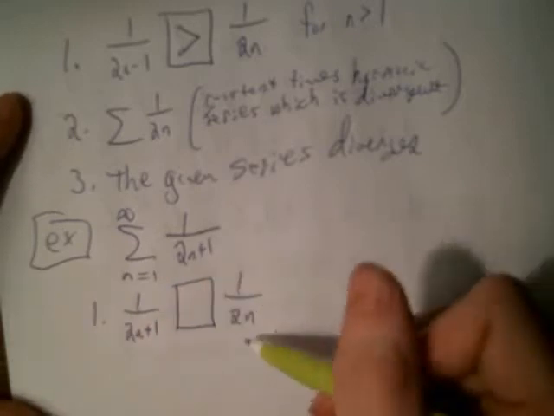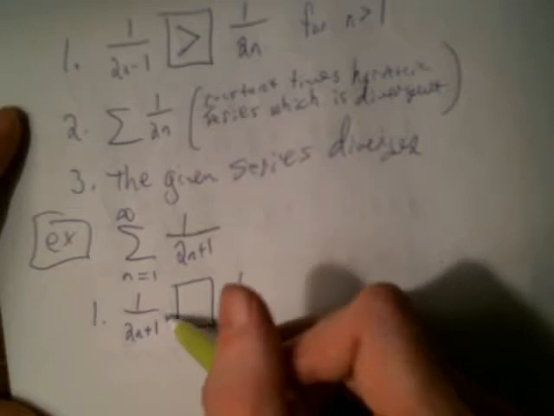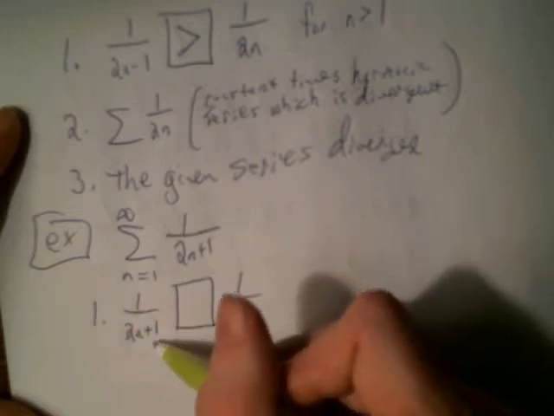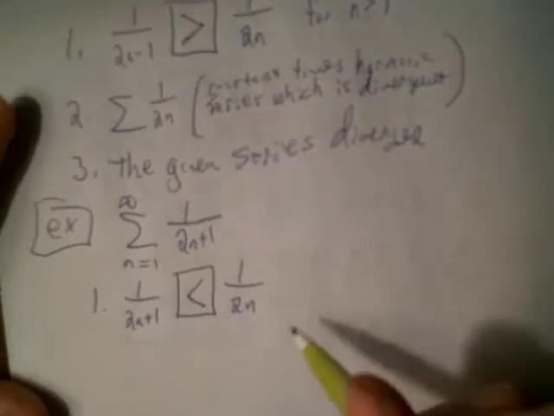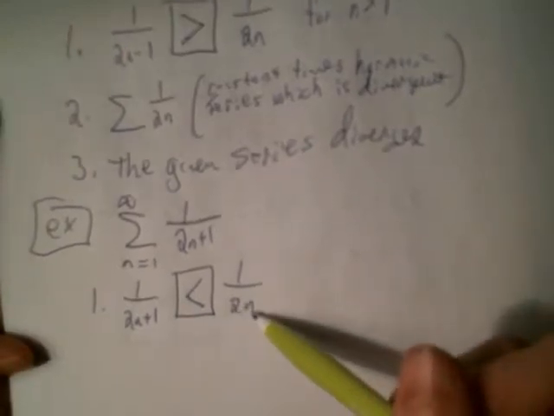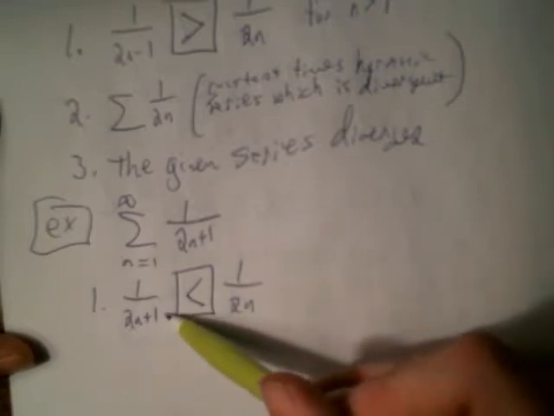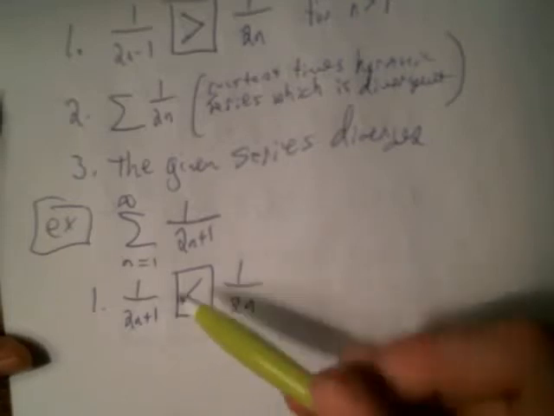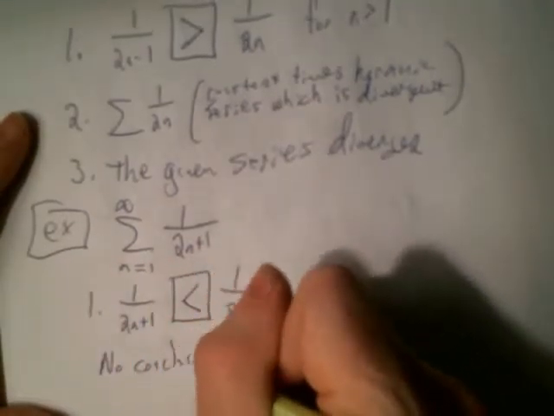And the problem is that this thing is actually going to be greater than this thing because I've reduced the denominator to get there. So you don't have the forcing happening. You know, this is divergent, but that doesn't tell you anything about something that's less than it. Okay? So no conclusion can be drawn in that case.